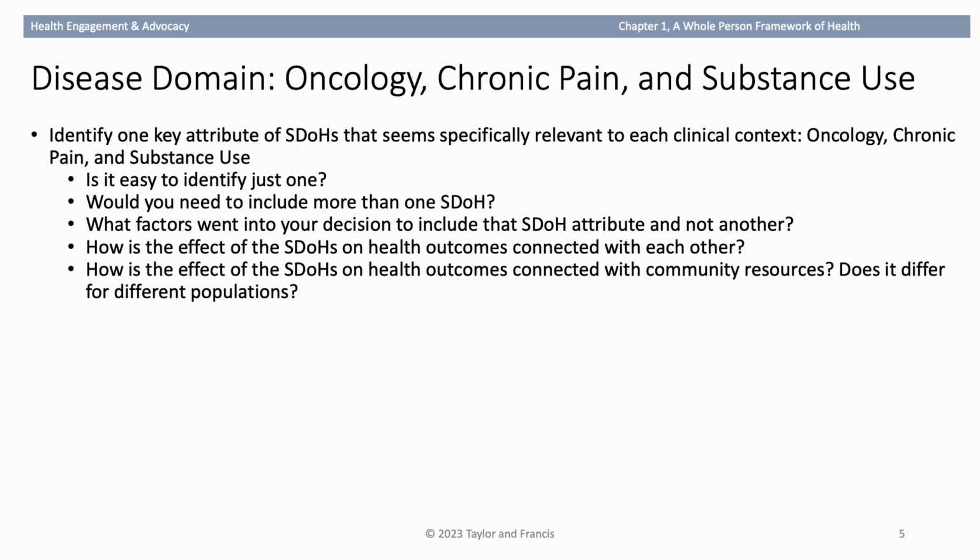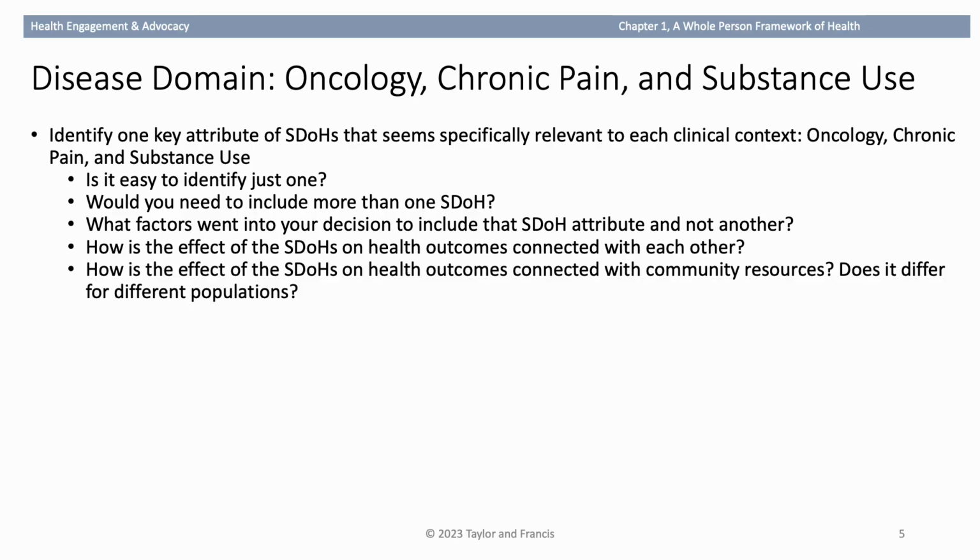Here is your prompt. When you look at that document, Disease Domain, Oncology, Chronic Pain, and Substance Abuse, attached on this assignment, identify one key attribute of SDOHs that seems specifically relevant to each of those clinical contexts.